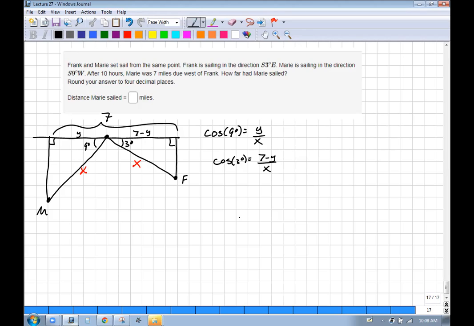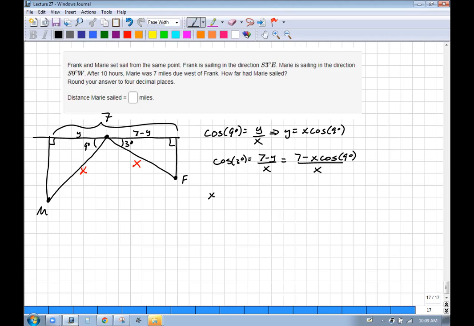So y is x cosine of 9 degrees, and this is 7 minus x cosine of 9, all over x.